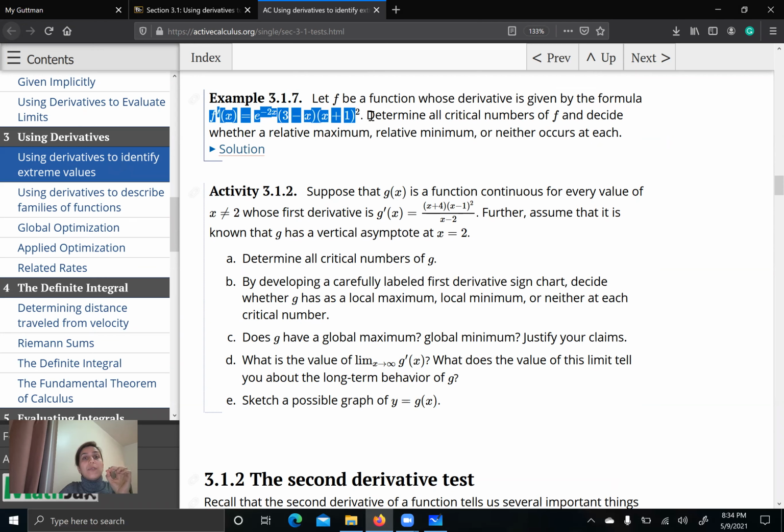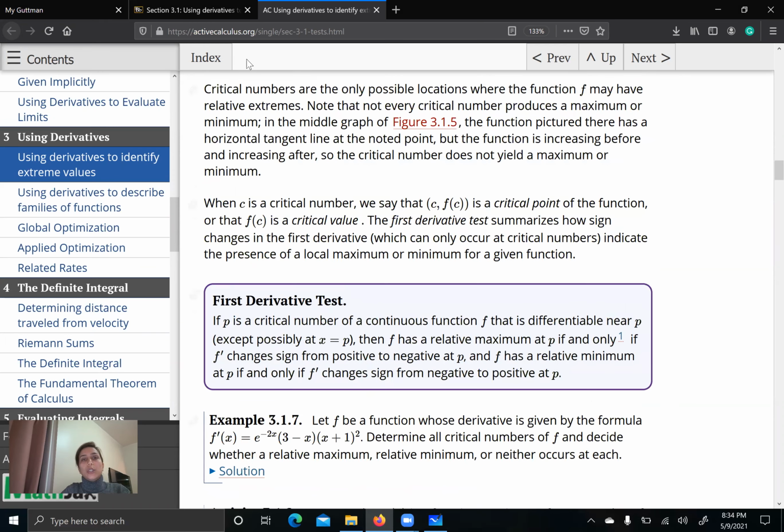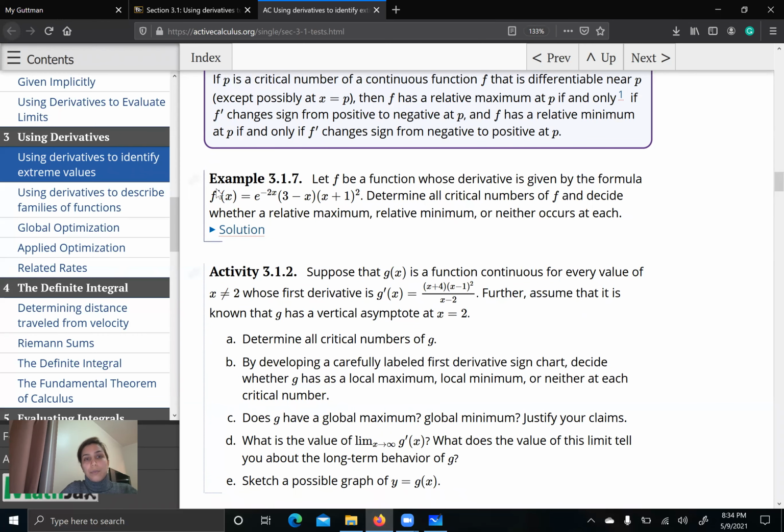Instead, we are given the formula for the derivative. If I had the formula for f, I could just look at its graph by GeoGebra or any calculator. But here I have to use this test because I don't know what f is. I just have the information for the first derivative. So let's do this example.